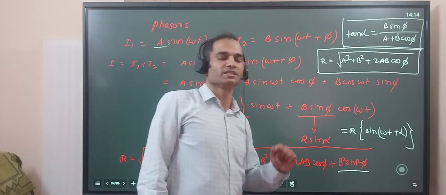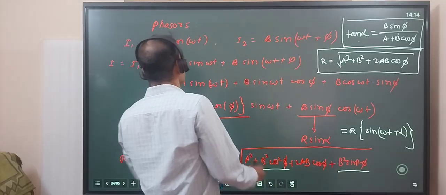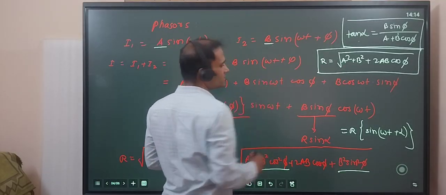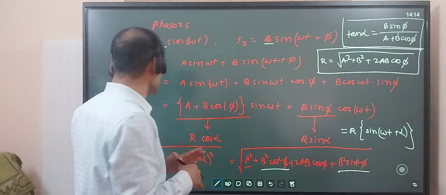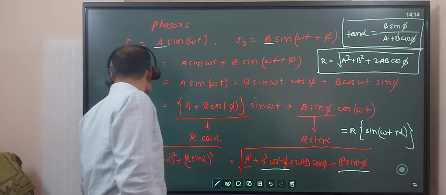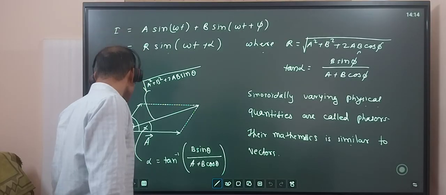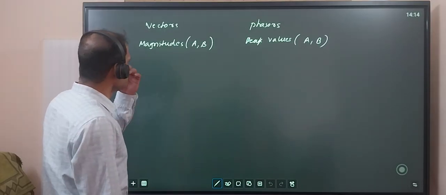The first current has peak value A, the second current has peak value B. So they are peak values.